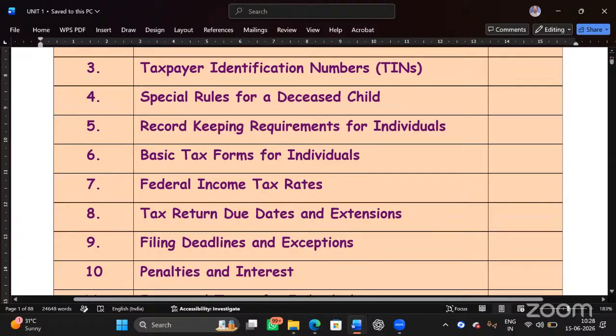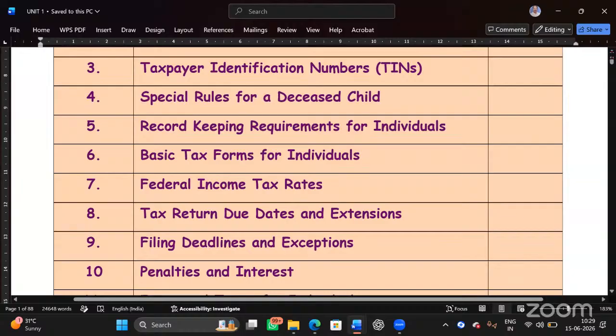Coming to the sixth, basic tax forms for individuals. In this, we are going to submit a variety of forms. For example, form number 1040, the main form. 1040-SR for senior citizens. 1040-NR for non-residents, meaning citizens of countries other than the US. Like that, a variety of forms are given.